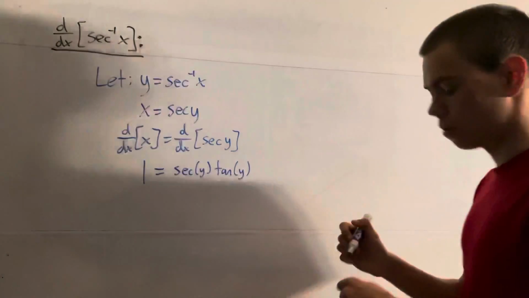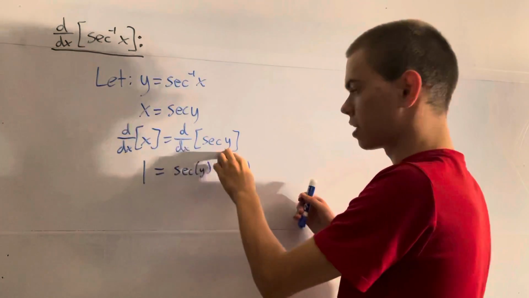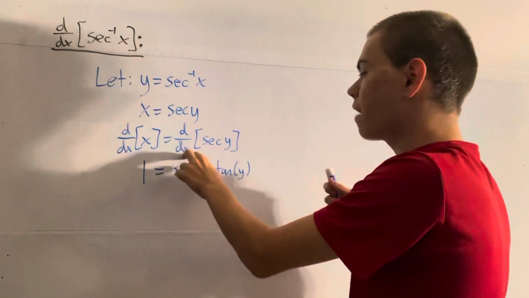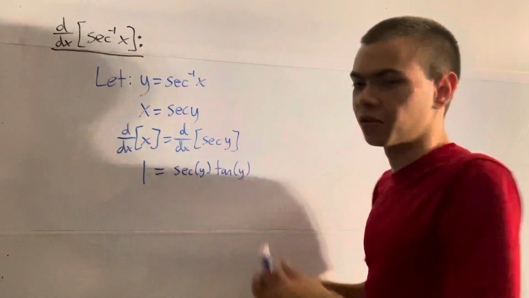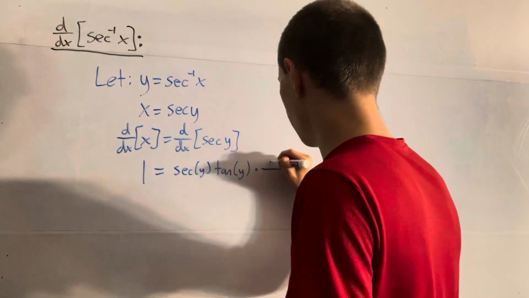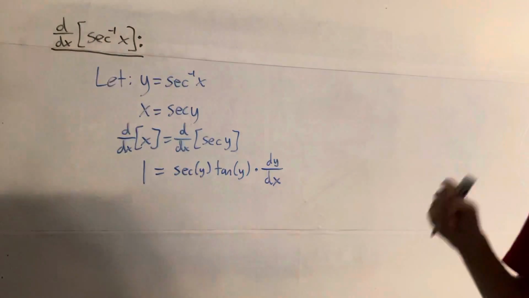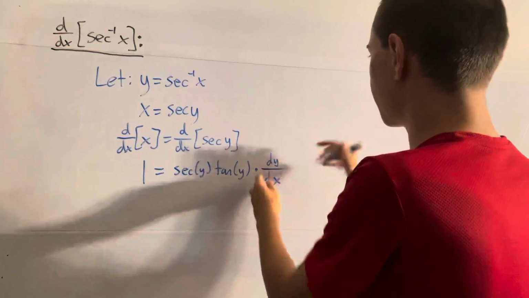Except that's not all, because we have to take the derivative of this with respect to x. So we have to multiply by the derivative of y with respect to x, which is just the idea of using the chain rule. So we multiply by dy over dx. And now we have the ability to solve for dy over dx.